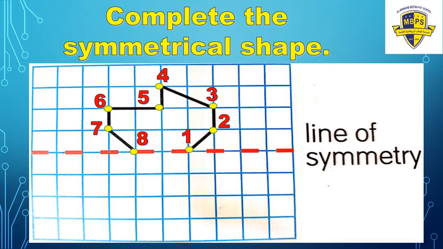And what can you tell me about the line of symmetry here? Is it the same that we studied in the previous slide? Very good. The line of symmetry here is a horizontal line of symmetry. It's a sleeping line of symmetry. Now on the next slide, we are going to see how to follow step 2. All right, children?